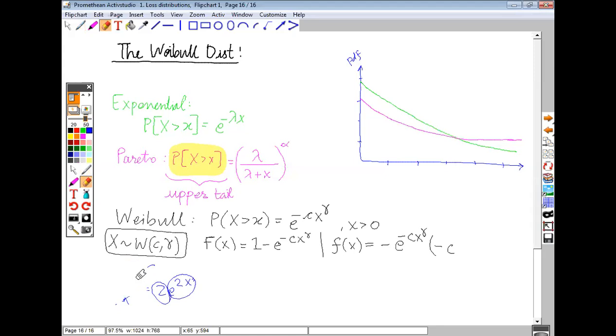So now can you guess what should be the differentiation over there? So it will be c into x raised to gamma minus 1 into gamma. Into gamma, right? Perfect. So I can write this again. So minus minus would go away, right? And I'll just write these coefficients in front. So I have c times gamma, x raised to gamma minus 1, e raised to minus cx raised to gamma.